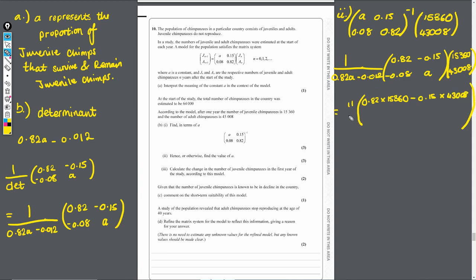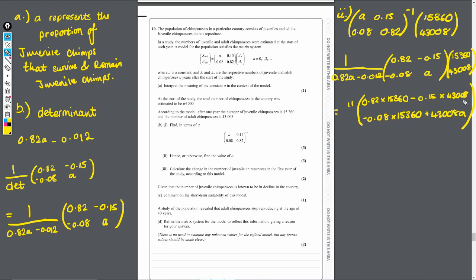Then let's work out the bottom element of this matrix: minus 0.08 times 15,360 again, and then plus A times 43,008.